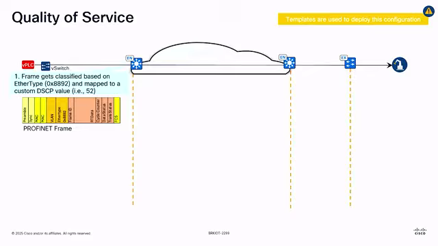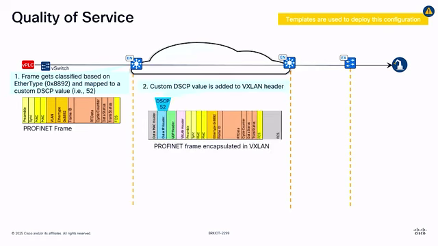So the first thing we have to do is identify what is Profinet before it goes into the SD-Access network, to map it into something we can prioritize through the fabric. So we use EtherType, and then we map this to a custom DSCP value. This is an example, DSCP 52. It can be whatever you want to map to.